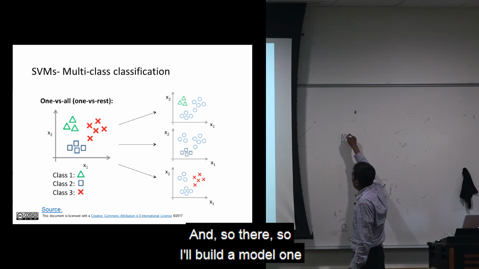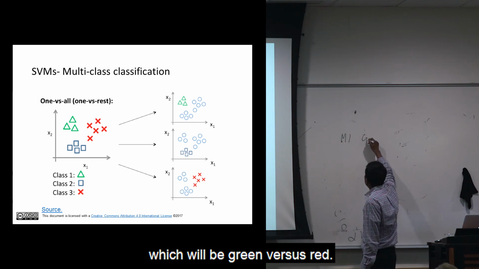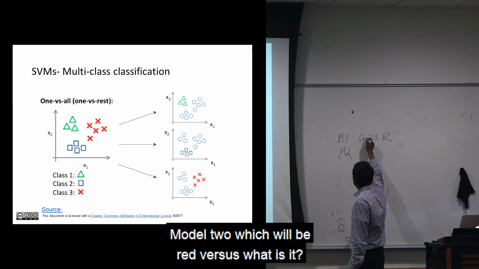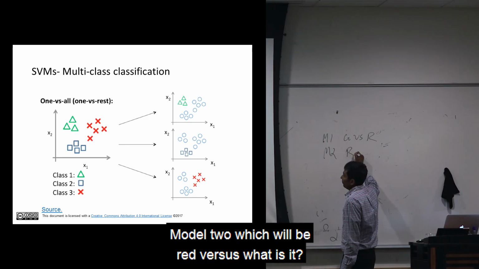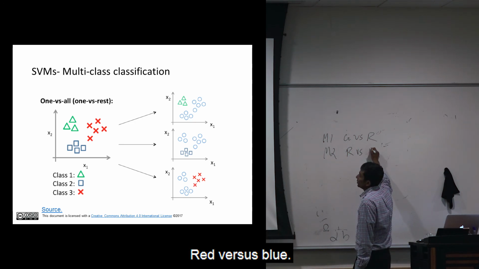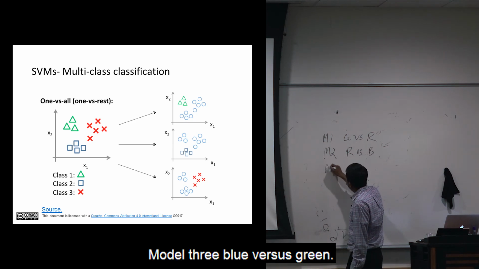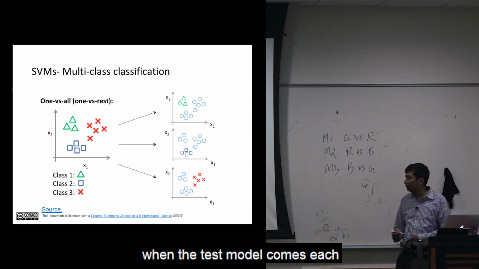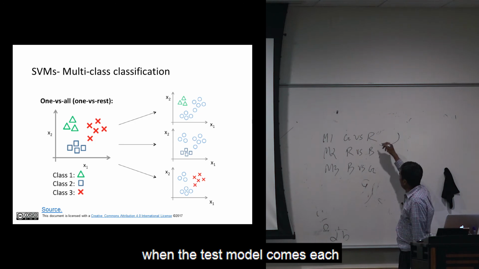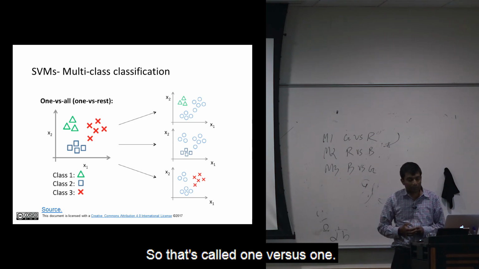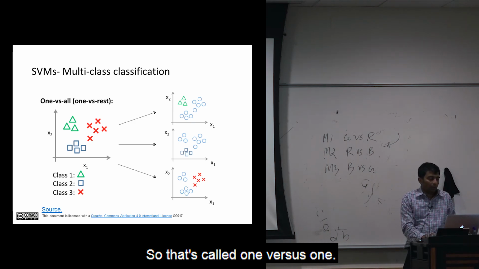I will build model 1, which will be green versus red. Model 2 will be red versus blue. Model 3 will be blue versus green. This way we build the 3 models. When the test data comes, each of the models will do a prediction and we will apply majority voting to make the decision. That's called one versus one.